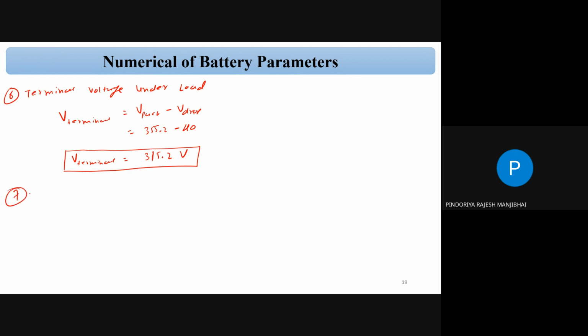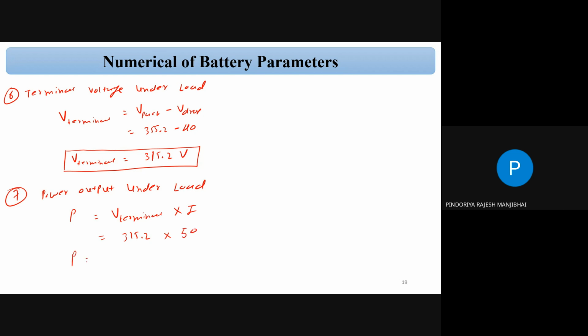Second last parameter, power output under load. So power output, P output is equal to V terminal into I. Power is nothing but P equal to V into I. V terminal we got 315.2 and I is 50.